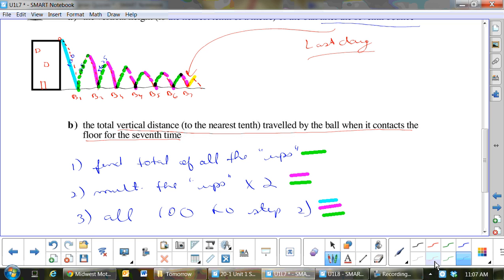So for S6, because I'm doing the sum of the 6 ups. There's 6 ups. So S6 equals 75 times bracket 3/4 to the 6 minus 1, all over 3/4 minus 1.